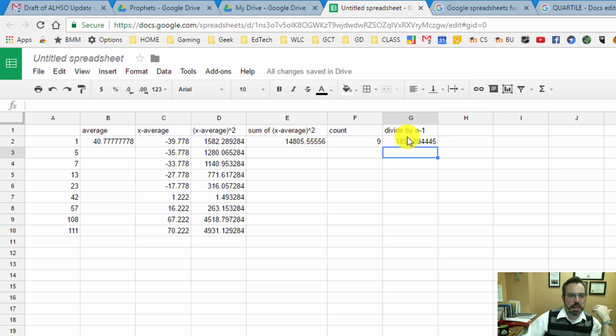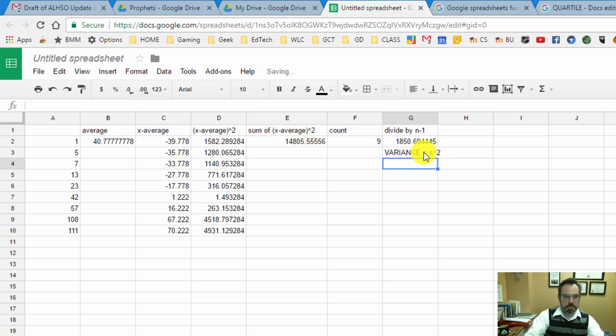Because remember, we're dividing it by n minus 1 when we're doing variance in statistics. So this is my variance. This is the average of the squares of each x minus the average. Mouthful.